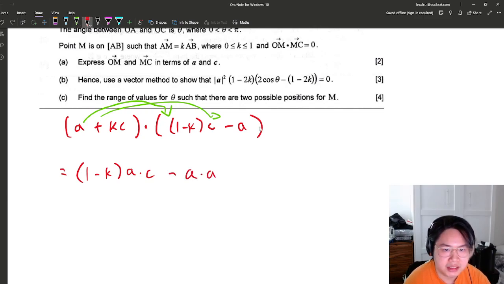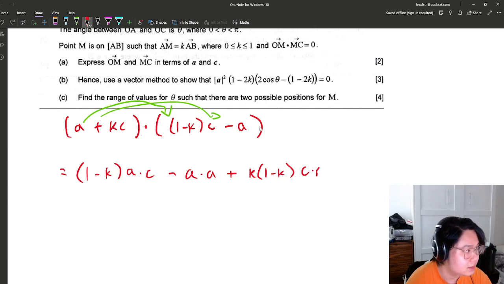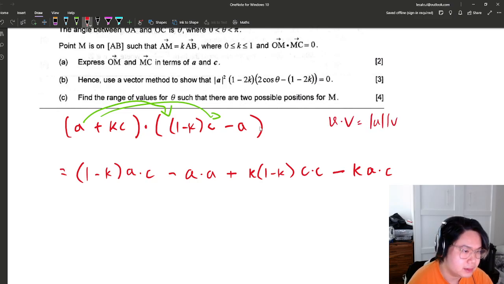Then we continue with the kc: k(1 minus k) c dot c, and then minus k a dot c. We're also going to use the fact that the dot product of two vectors is the two lengths times the cosine of the angle. This is good because I need the angle to show up in the expression.